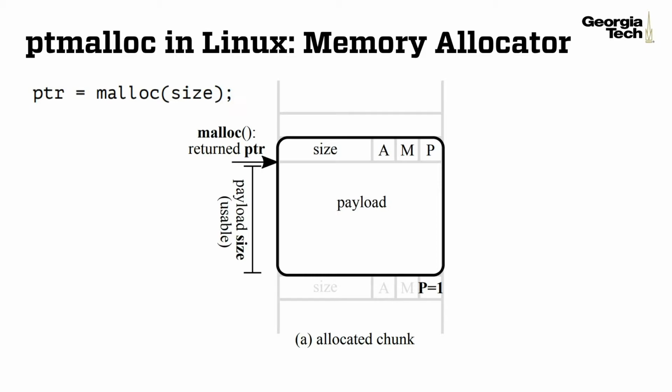The metadata is placed before the object so that given a pointer, we can quickly look up its metadata such as its size. Since the allocator enforces the alignment of objects, we can represent additional information by using the least significant bits of the size. For instance, ptmalloc utilizes these bits to represent whether the previous object is in use or free.